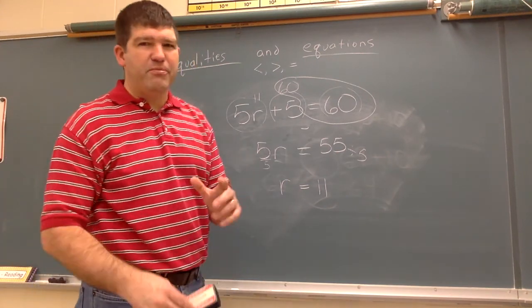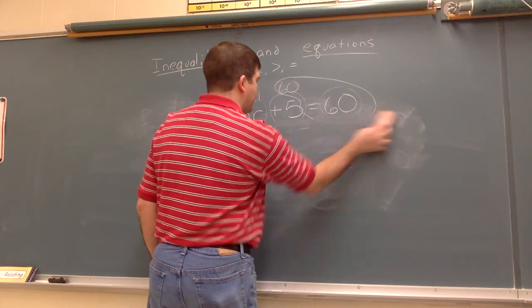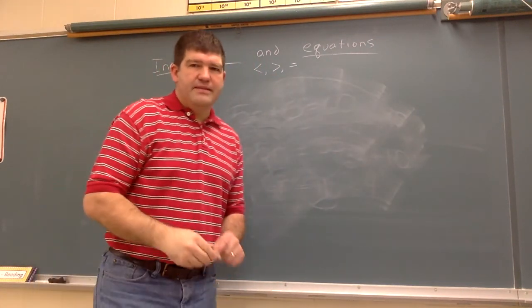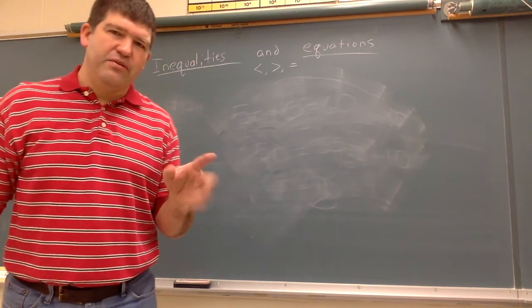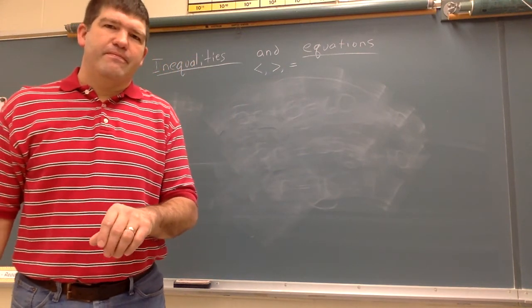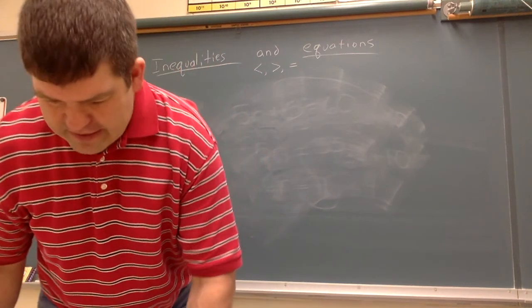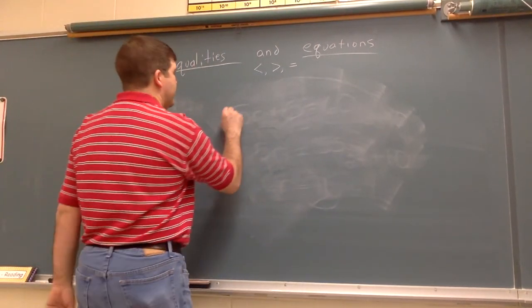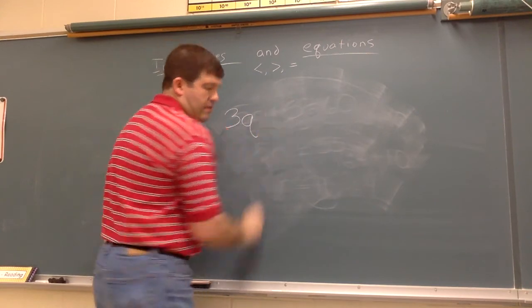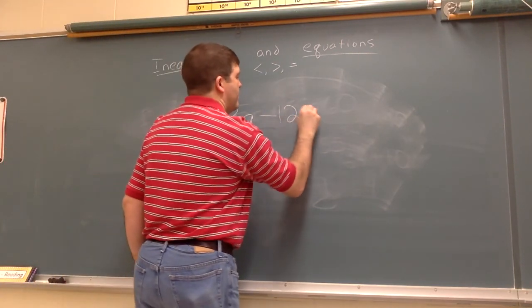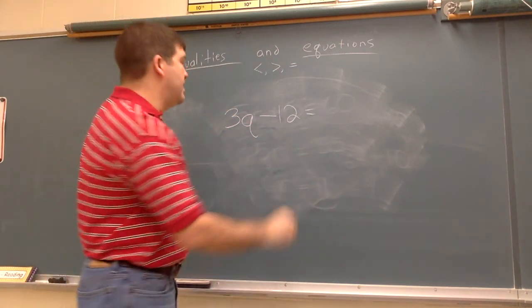Okay, let's do a couple more of these. What I love about these is that you don't know what it is, and you do a little work, and then you find out what your unknown is. Okay, let's do 3q minus 12 equals 15.